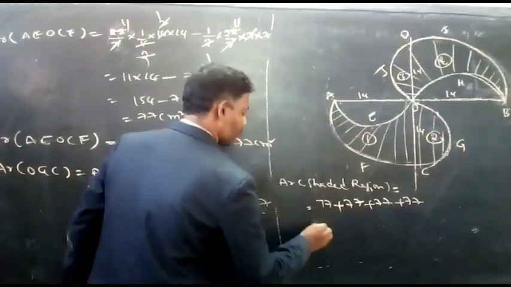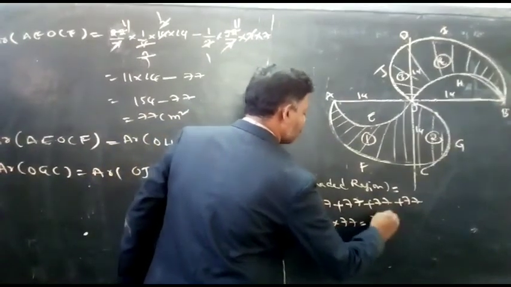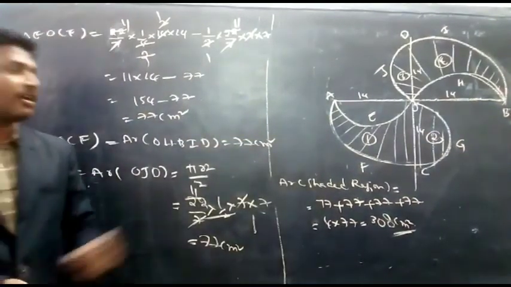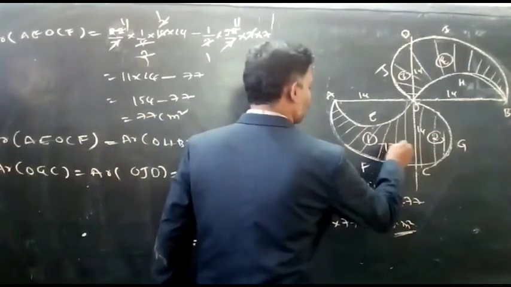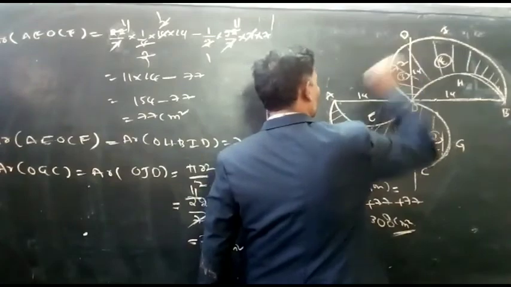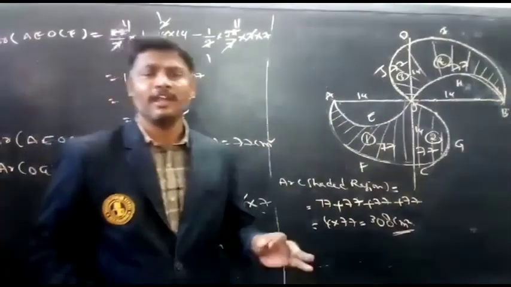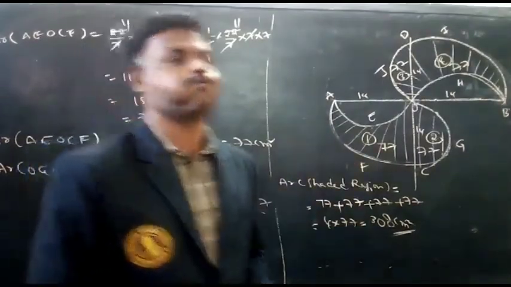That is 4 into 77, equal to 308 centimeters square. So the area of this part is 77, and also this part 77, and also this part 77, and also this part 77. So finally the area of the shaded region is equal to 308 centimeters square.